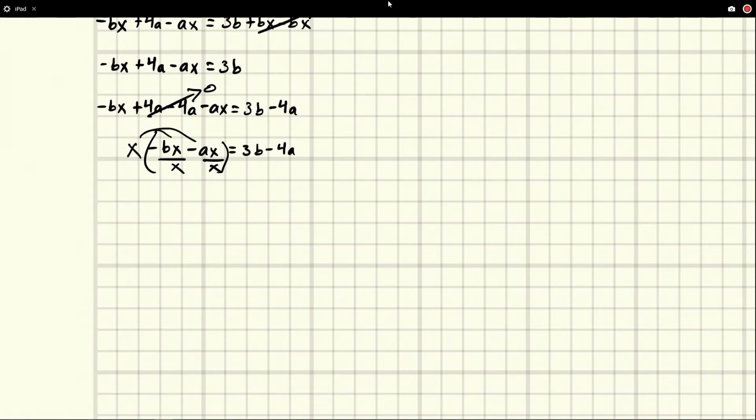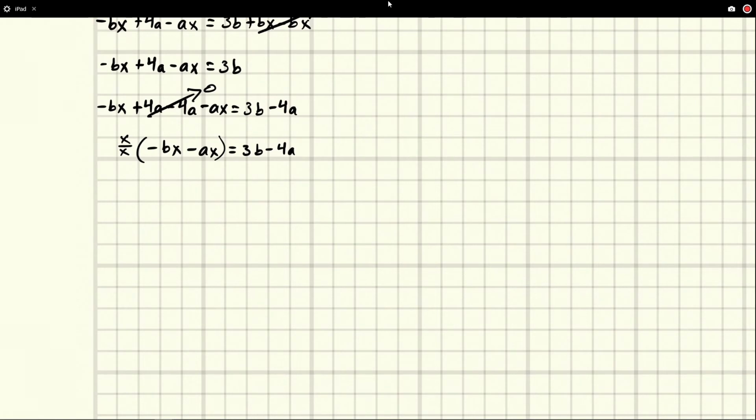And so it's like I'm multiplying by, let me write it another way, x over x, right? This is really just 1, anything divided by itself. And because it's just 1, when I multiply this in, it's completely valid. It's going to stay the same because anything times 1 is itself.